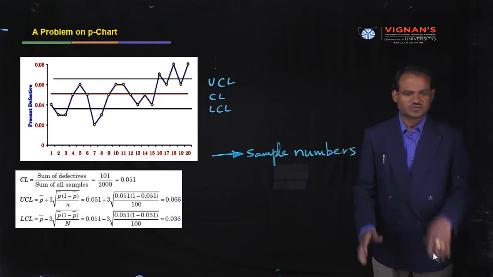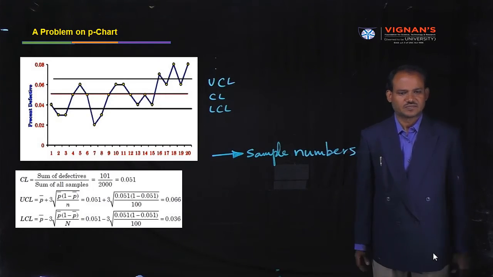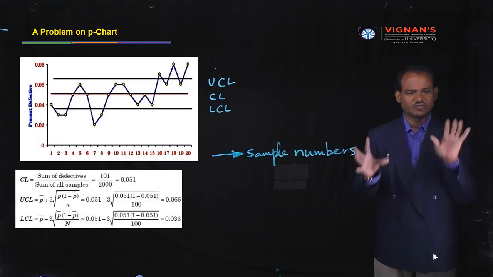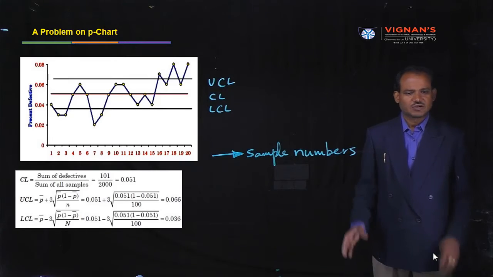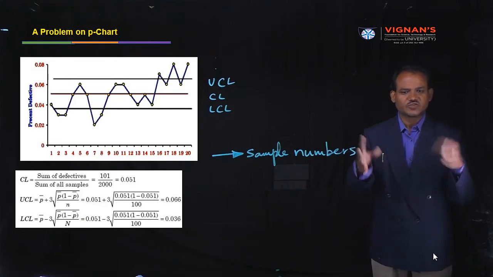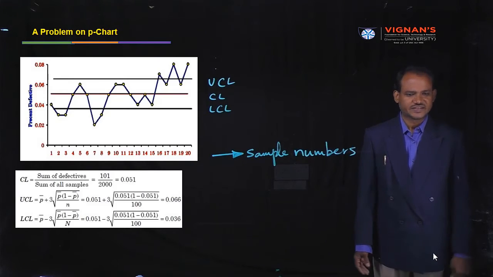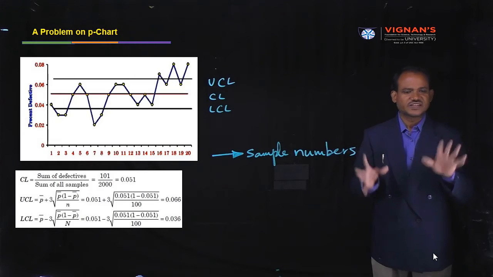Now observe how the variation is there. Here some of the four sample numbers crossed the limits, that means above UCL and below LCL. Therefore, the process is out of control.